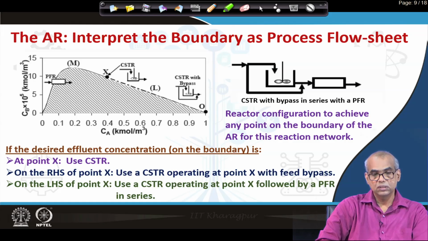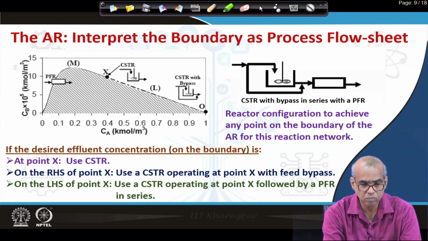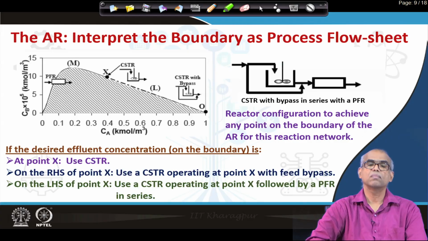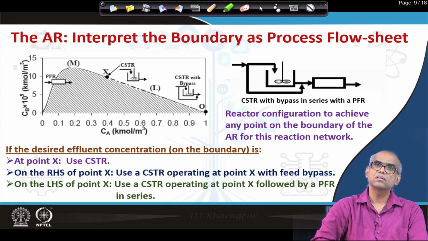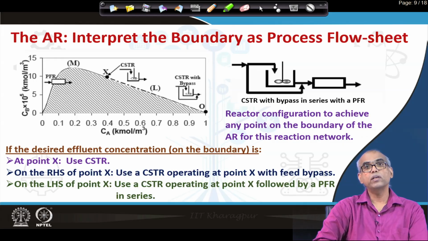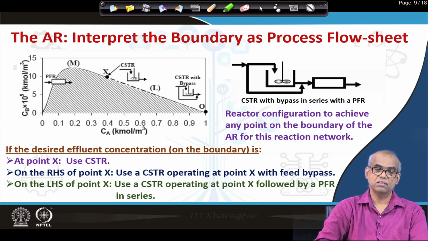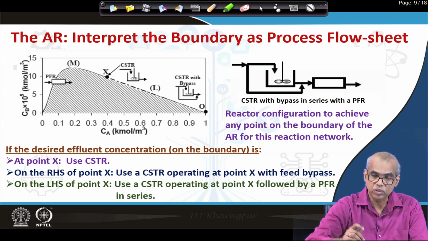So, now we have obtained our attainable region for the process. Now, look at point x. Point x represents a CSTR. Point O is my feed point. Any point on the line L or OX represents a CSTR with a bypass.